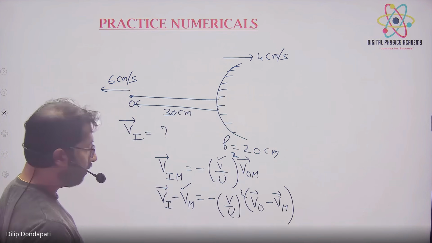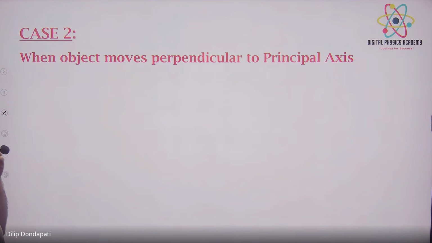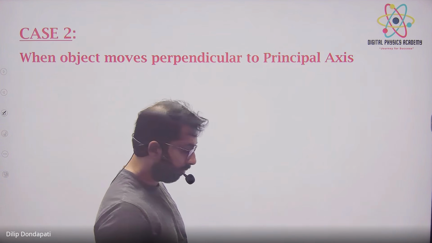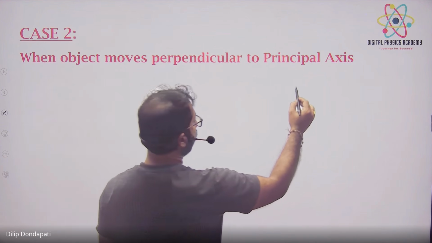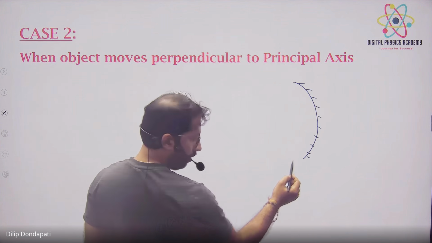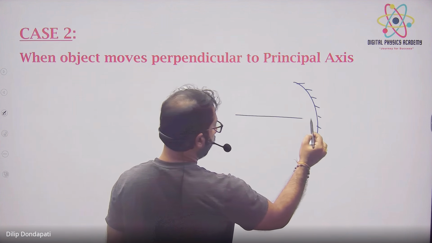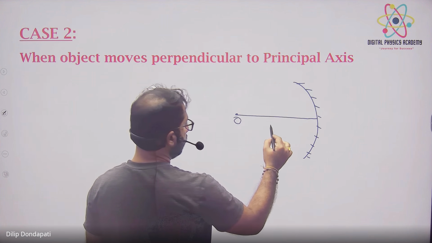Okay. Now second case. Case 2, when the object moves perpendicular to principal axis. So this is the concave mirror. Object is here and its distance is u.